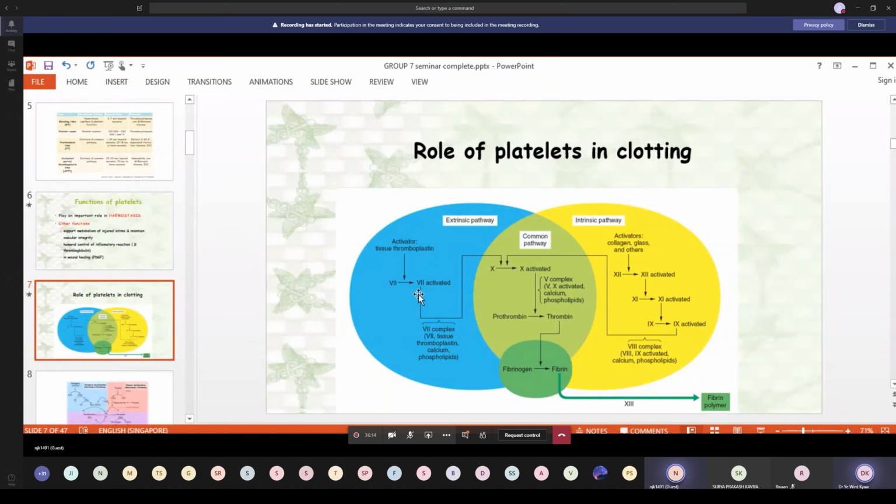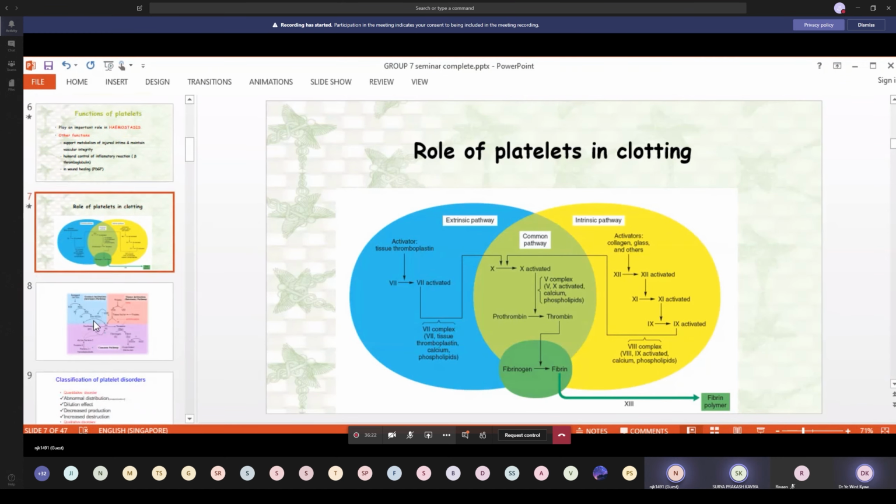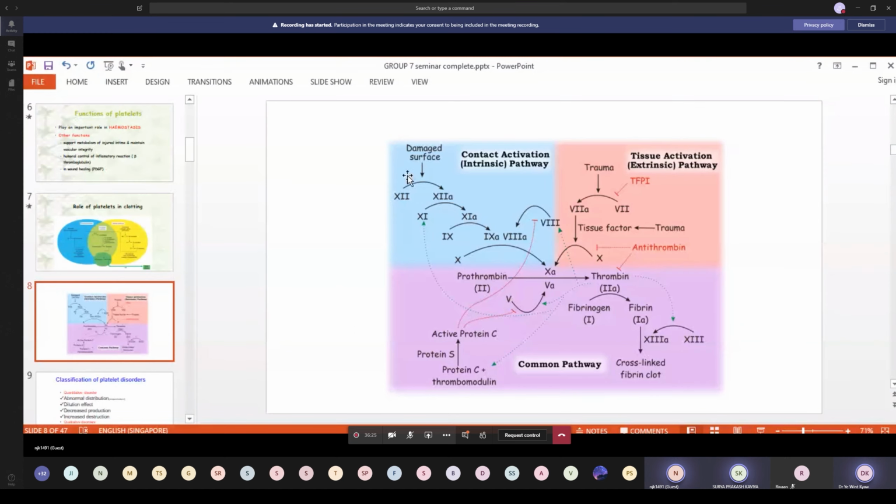You can see so many numbers and what they do, fibrinogen. It's so complex. This is to avoid your questioning what all this numbering is about. It's actually the pathway, and we have a common pathway here.